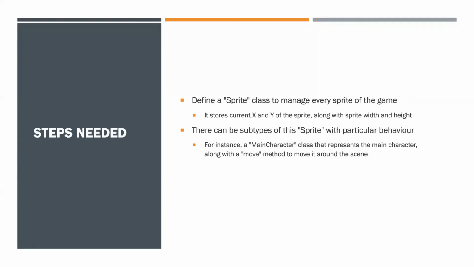In our case, we are going to define a main character class that is going to be a subtype of sprite class to store every attribute inherited from sprite class, along with a new method that we are going to call move, that lets us move the bear in a particular direction.